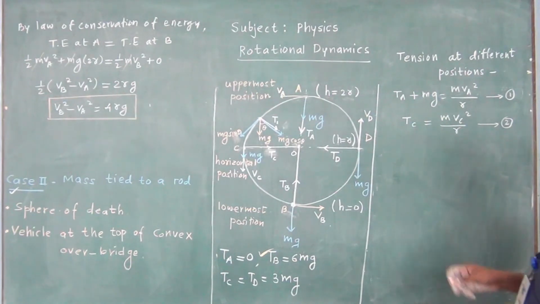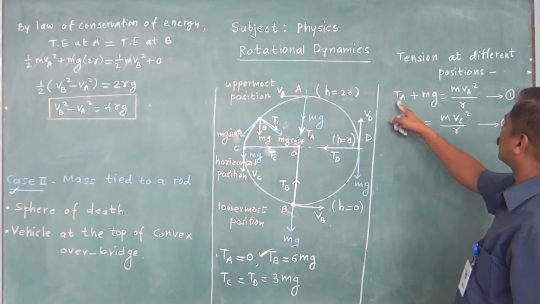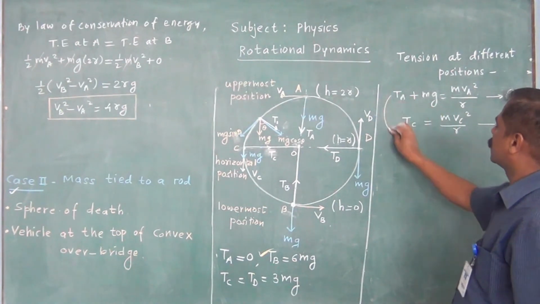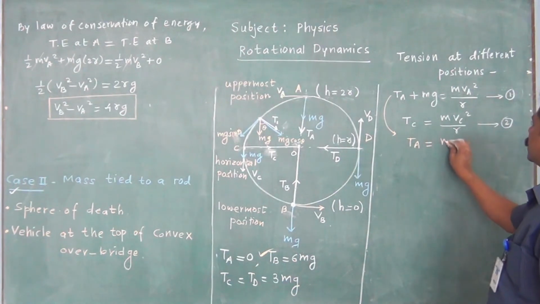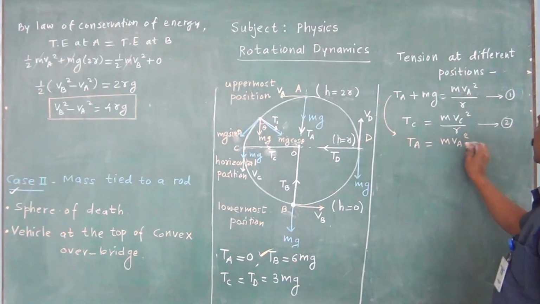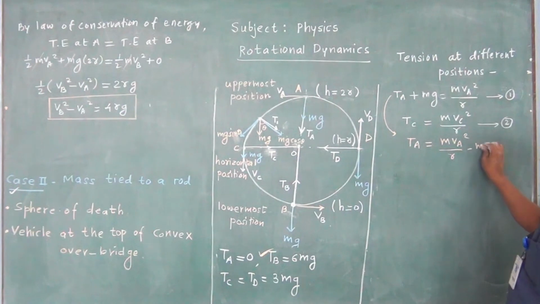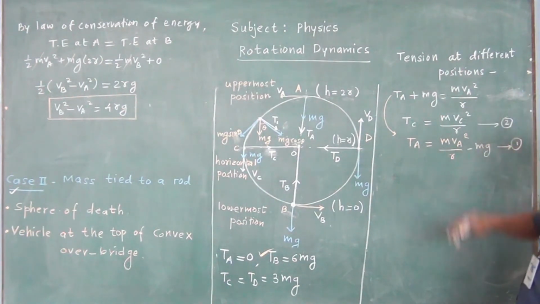So the equation for Ta can be written like this: Ta is equal to mva square upon r minus mg, and this is equation number 1.